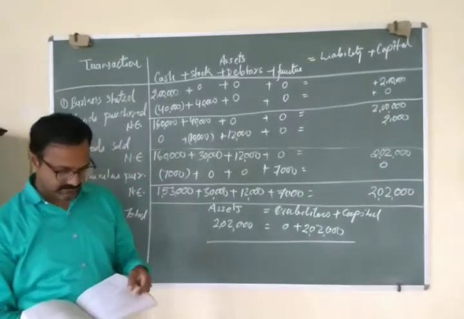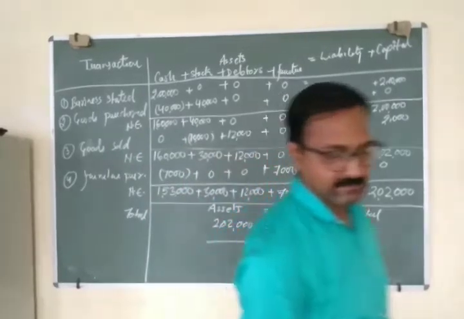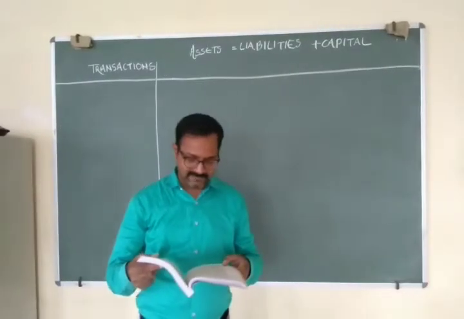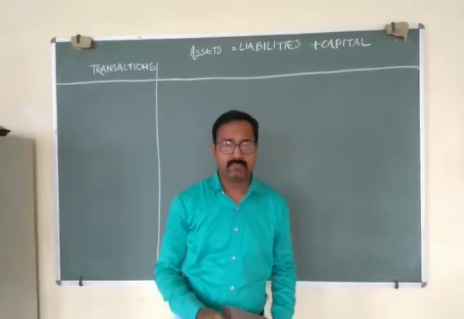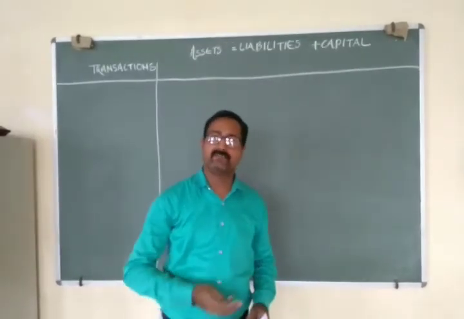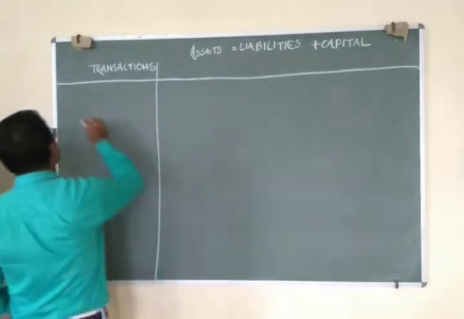Then we have to continue with another question. The first transaction they have given: Kunal started a business with cash rupees 2,50,000. So that is almost the same transaction as we did in our first question. So simply we have to write it as number 1.